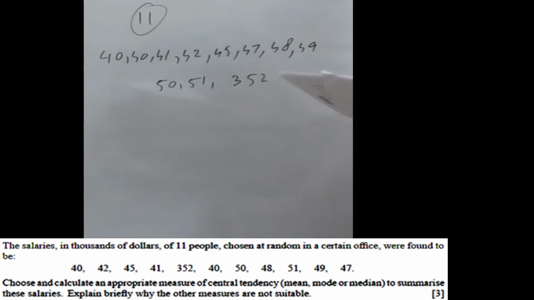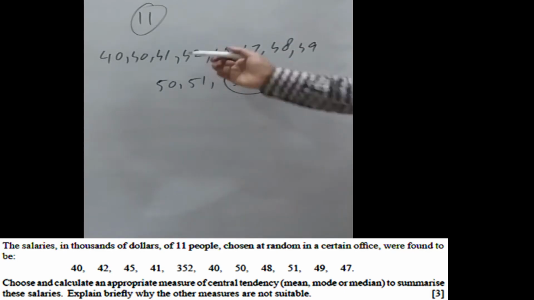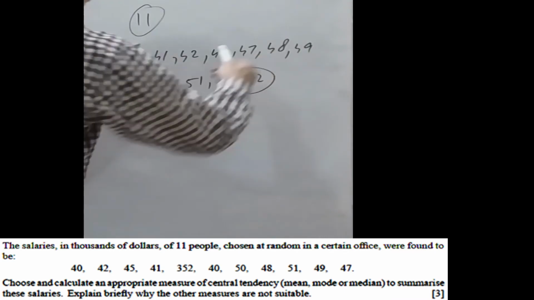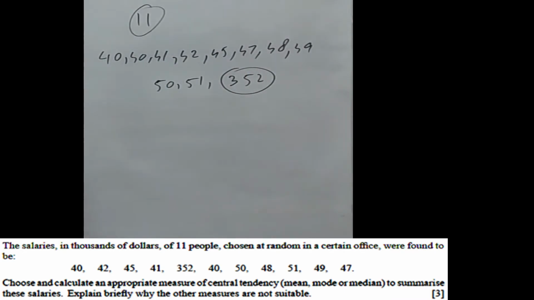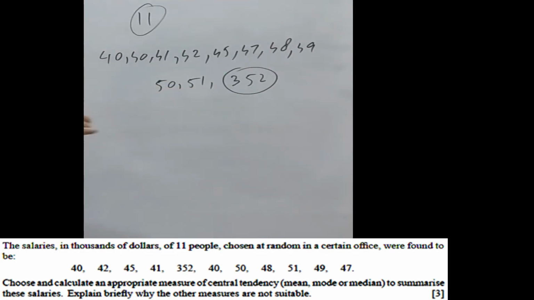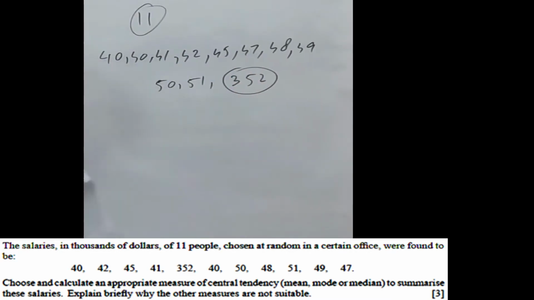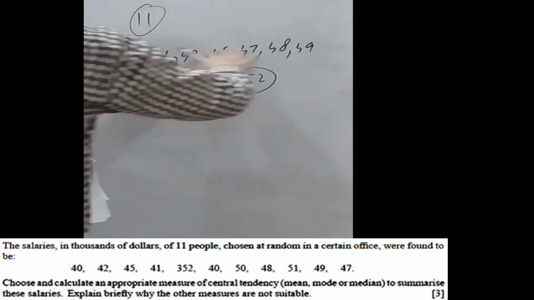Now in this data, the important thing is that this value is very different from all other values. All these values are very close. There is a very small difference. For example, the difference between 40 and 51 is just 11, and this value is very large as compared to these values.